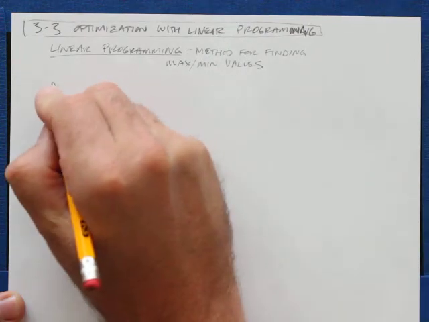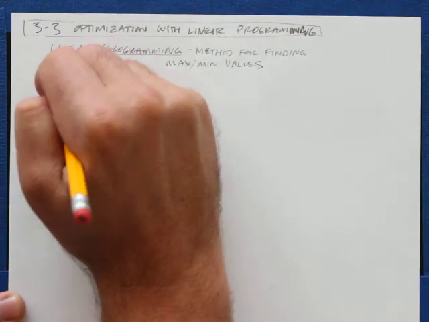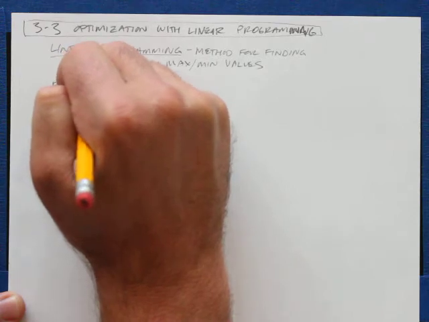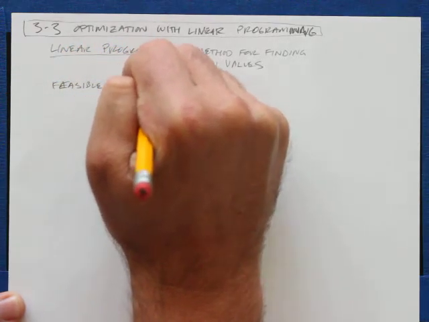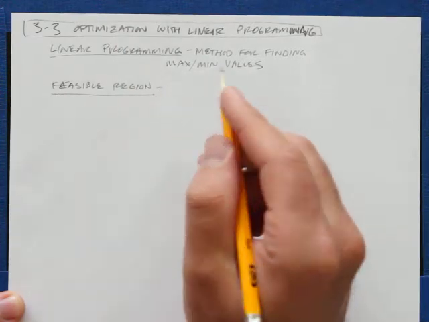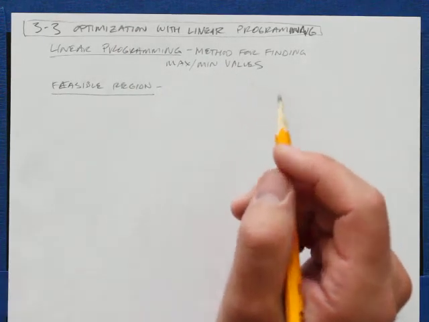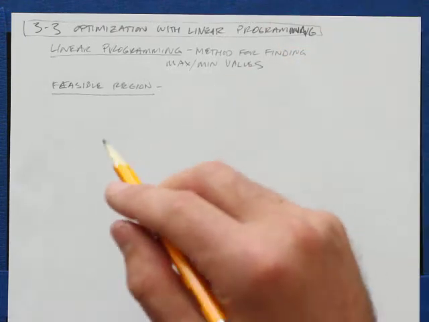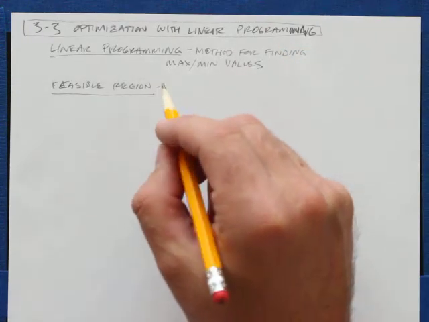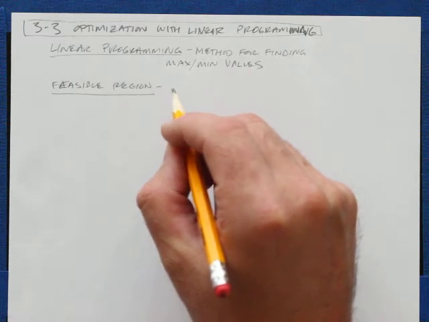And the feasible region, we're going to see the feasible region. This is the area that we're going to use to help us find the max and min values.